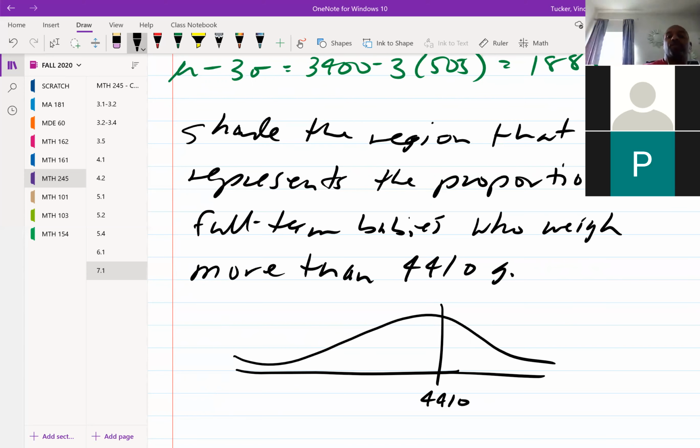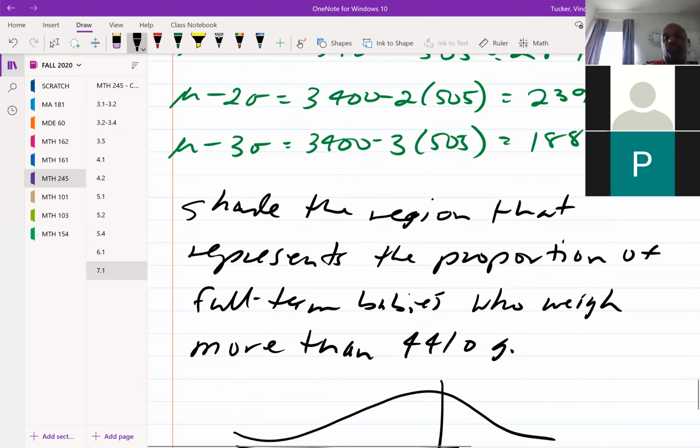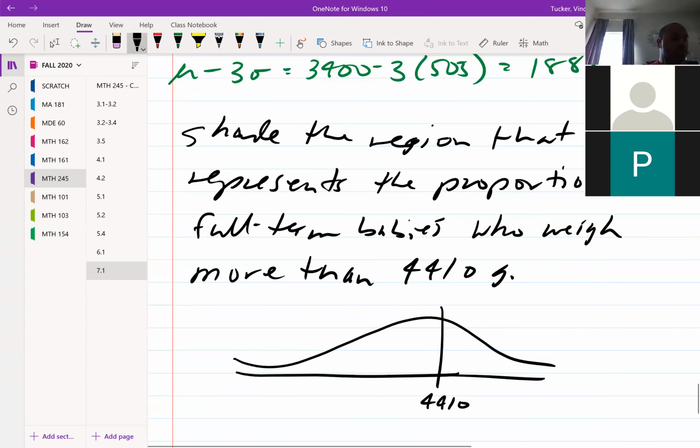Now, we didn't have to do this in order to answer this question. I just did that just to make sure we remember the relationship and how we would calculate that stuff, just in case you are asked. But here, shade the region that represents the proportion of full-term babies who weigh more than 4410.